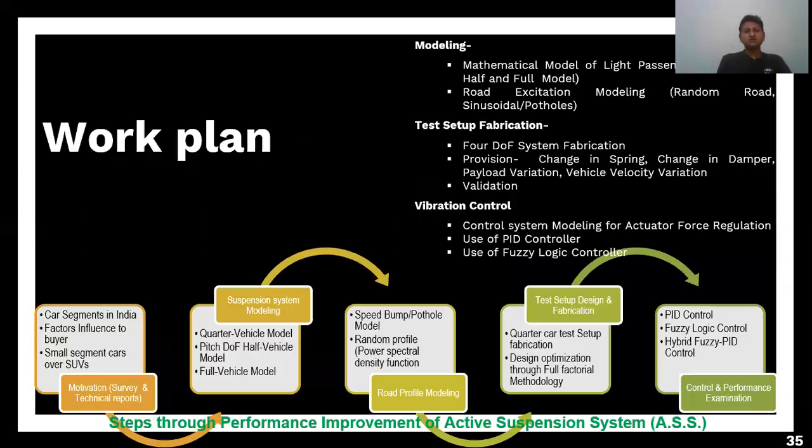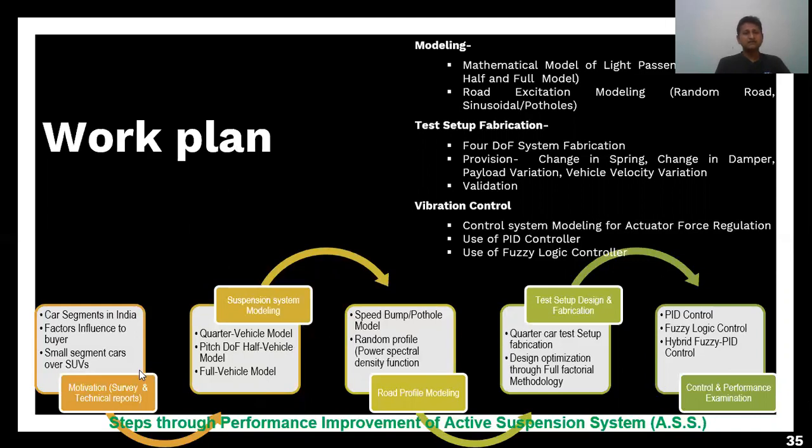This is the methodology which is used in this work. First is the survey or the motivation. We have studied different car segments in India, factors influencing the buyer, small segments of cars over SUVs. Then we discuss the suspension system modeling.